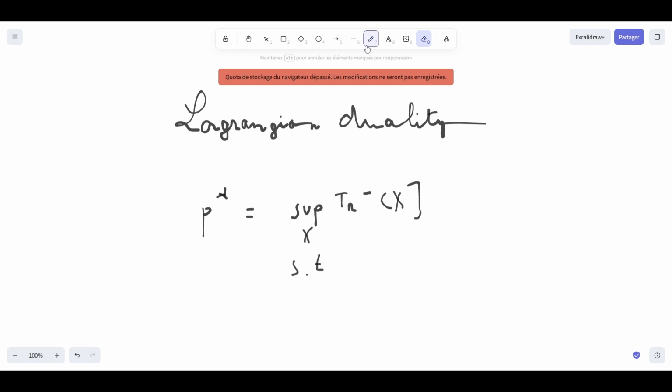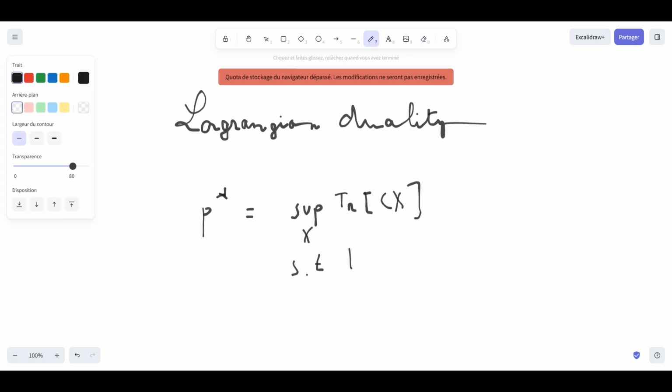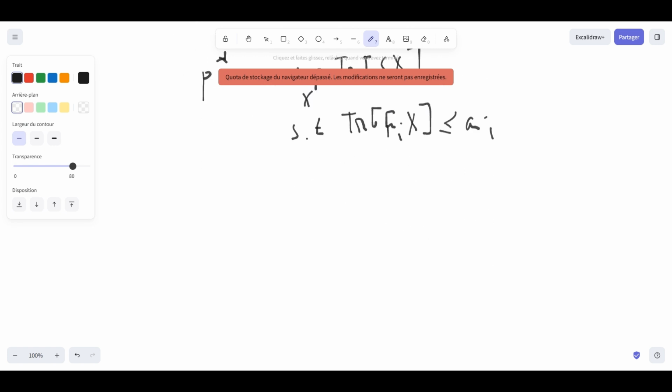don't worry about this, trace of Fi of x is inferior to ai, because we take two constraints this time, and trace of Gj of x is inferior to bj.